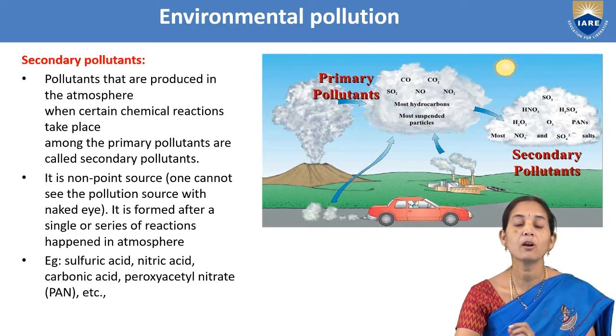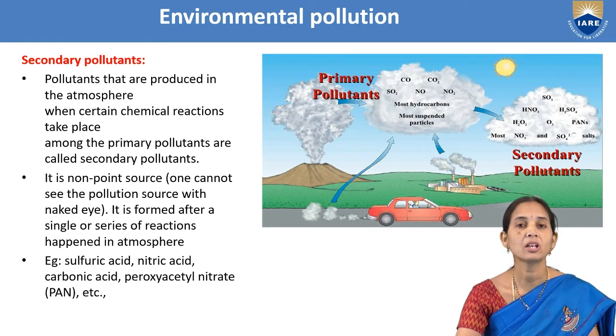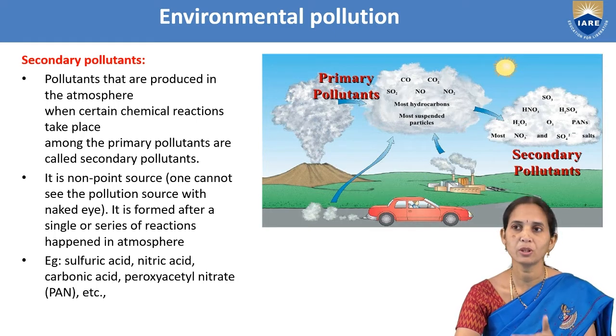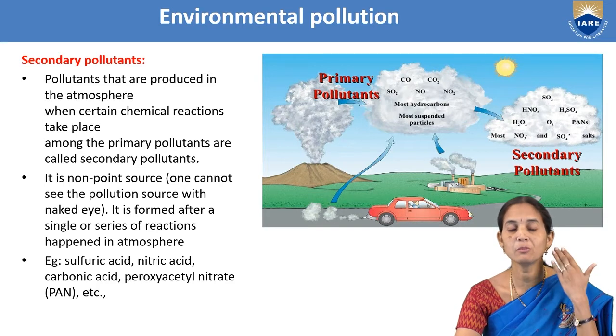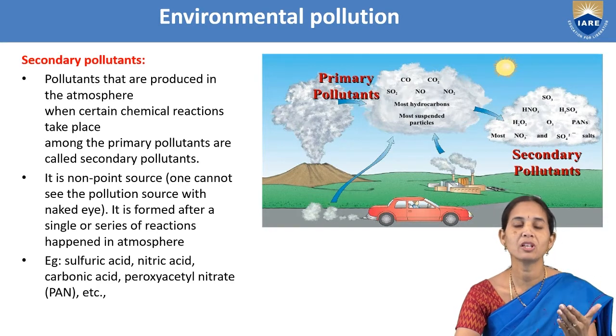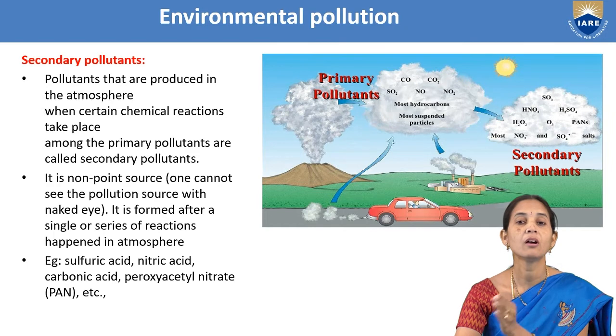So it is called a non-point source. One cannot see the pollution source with the naked eye, because we can directly see the emission coming out from the vehicles, carbon monoxide, but for the formation of H2SO4 from sulfur dioxide, we cannot see it, because in the atmospheric conditions itself, the sulfur reacts with the hydrogen and forms sulfuric acid.